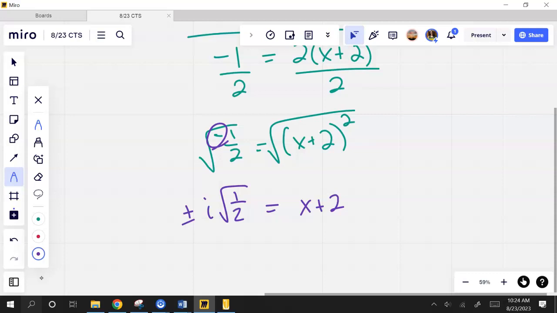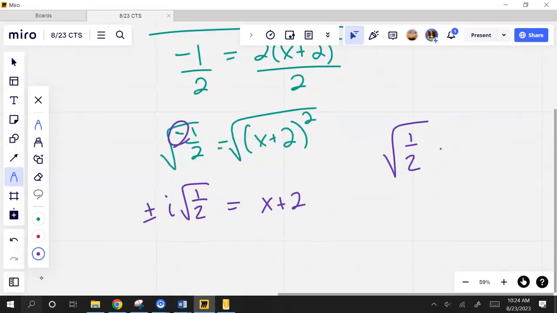What else is wrong? What's wrong with having the square root of 1/2? Why can I not have this? The bottom can't have a radical, right?